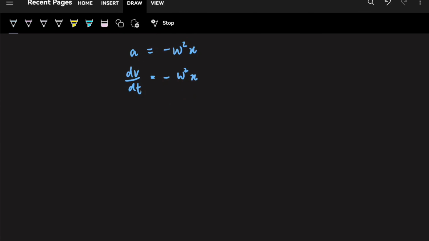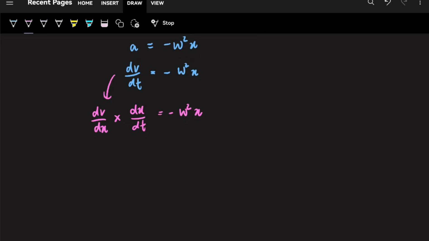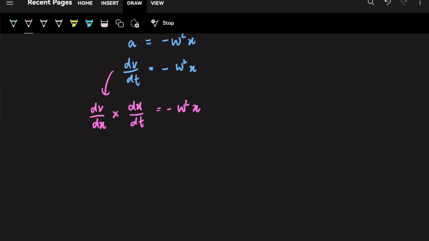We can further break this down into dv/dx times dx/dt equals negative omega squared x. Right, because differentiation, this particular thing is not really seen as a fraction, but if you look at it that way, when you cancel these two out, you'll get back dv/dt. Right, okay.